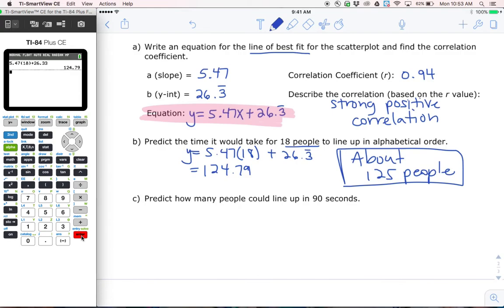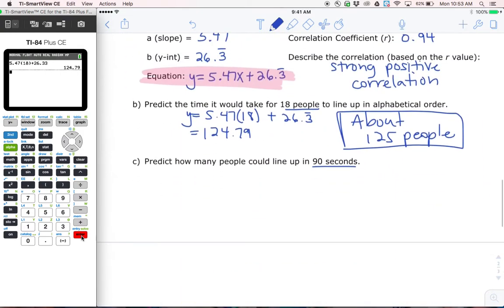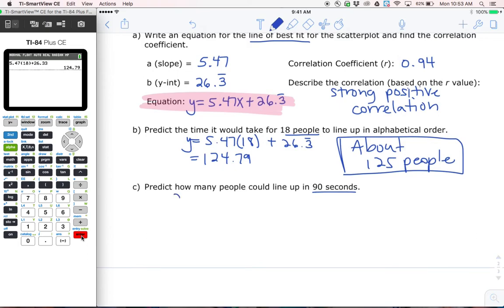Last but not least, predict how many people could line up in 90 seconds. Well, 90 seconds was a y value, which means we're using my equation, but I'm saying 90 is y, so 5.47x plus 26.3 repeating. I don't know x, we got to solve for x. You guys are experts at solving for x. We're going to subtract 26.3 from each side.